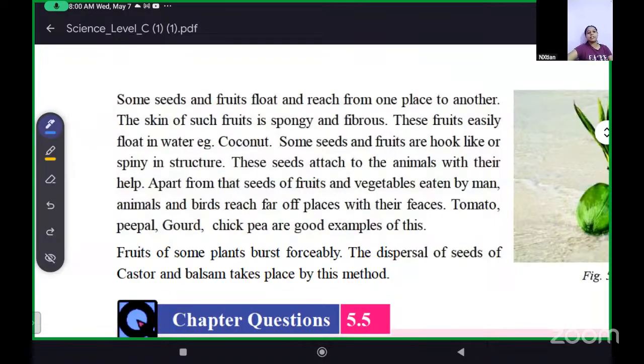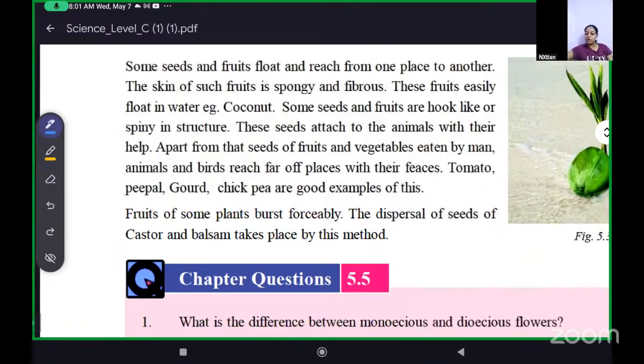Some seeds are not digested by our system, so when we eat them, they come out in the excretion, in the form of feces, and are dispersed. If the seed finds a suitable condition, then it plants itself. So that is about the dispersion of seeds.